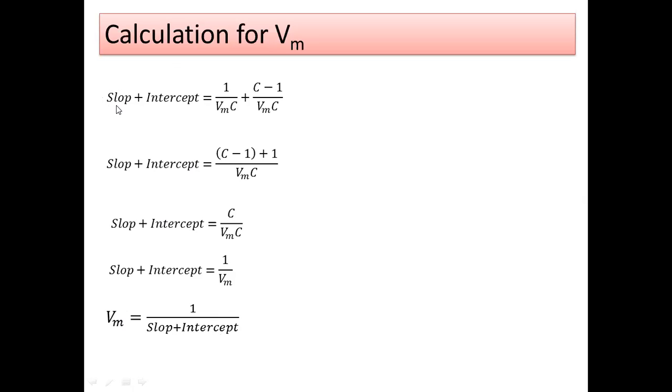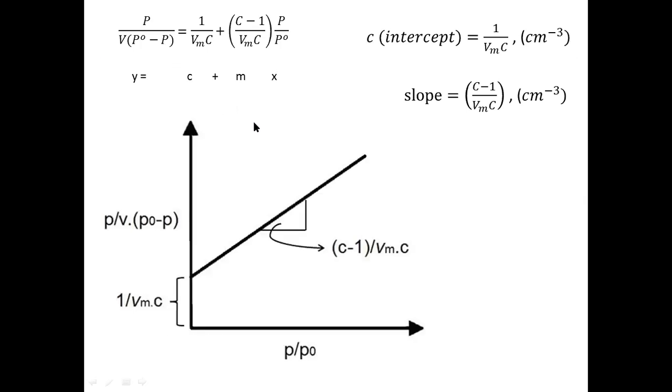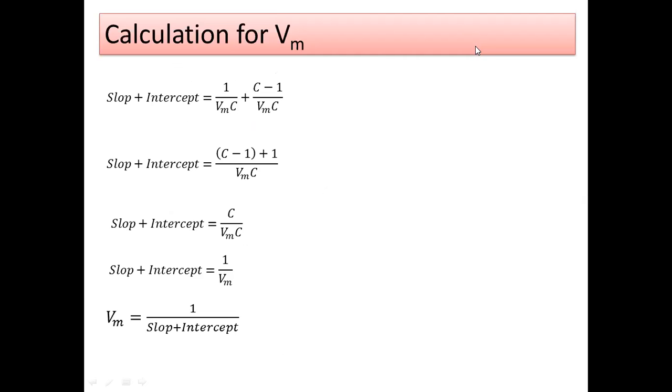Because when you add the slope and intercept, slope is this and the intercept is this. Sorry, I think it is the reverse. Intercept is 1 over VmC. So this is the intercept and this is the slope. So when you add these two, this is converted into the Vm. How?